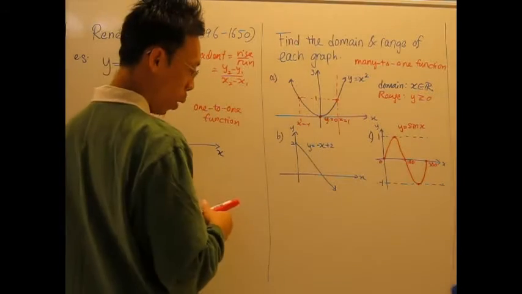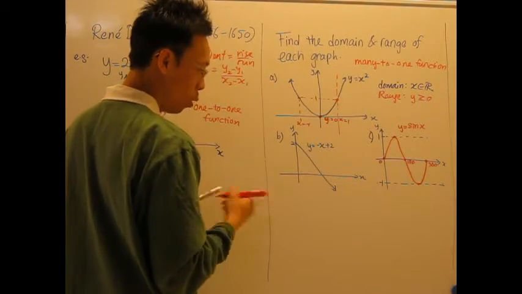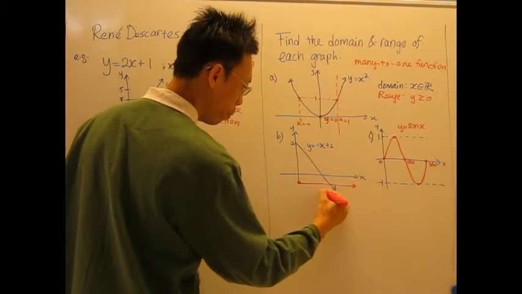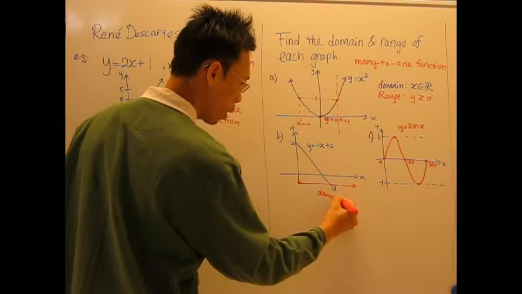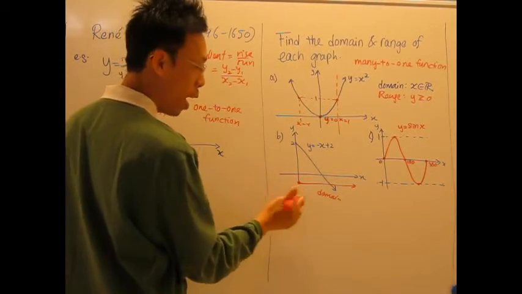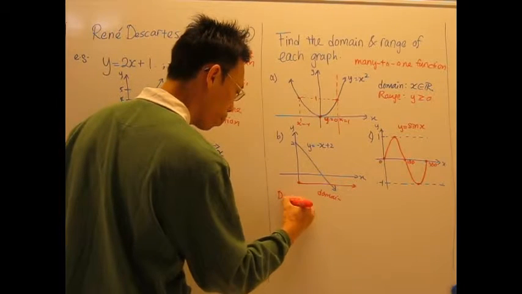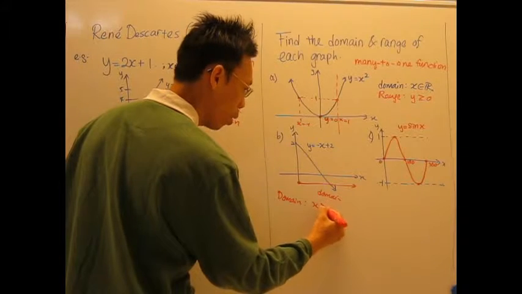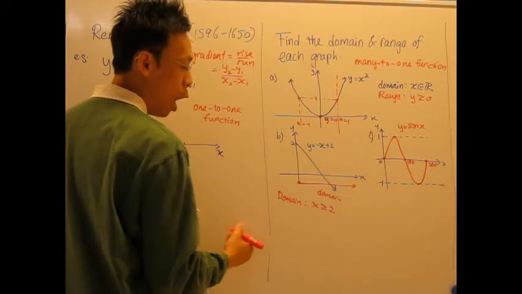Alright, how about this one? What does the domain look like? Well, the domain here is this. This is all the domain. Here you don't see anything. Here's a black dot, so it's starting from there. So the domain here is x greater or equal to 2. How about the range?